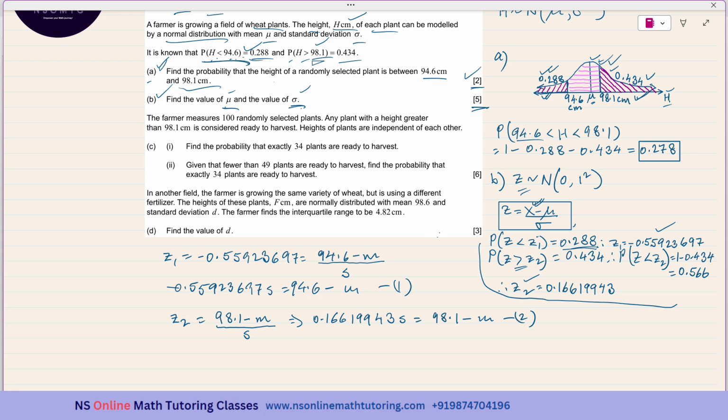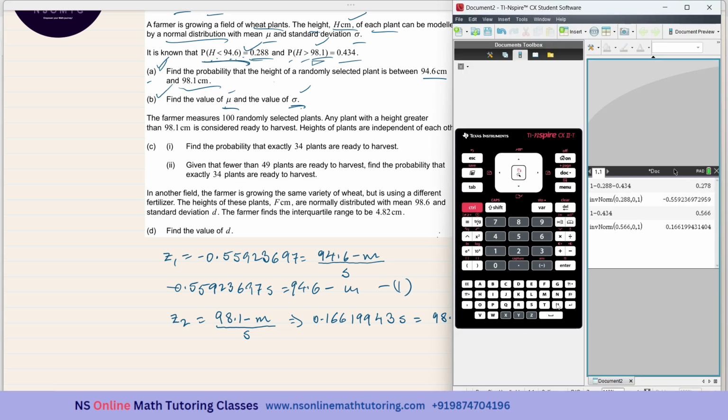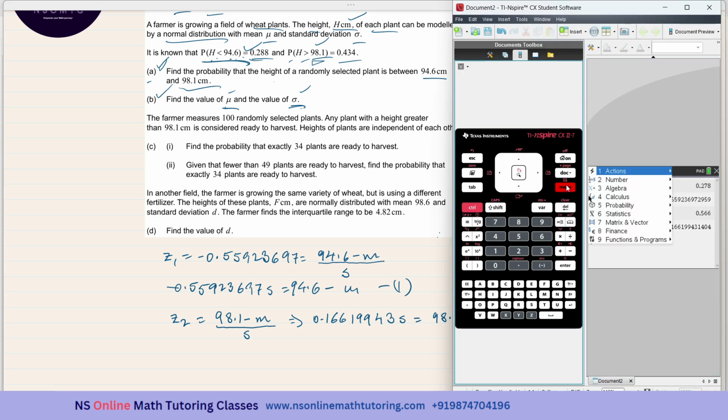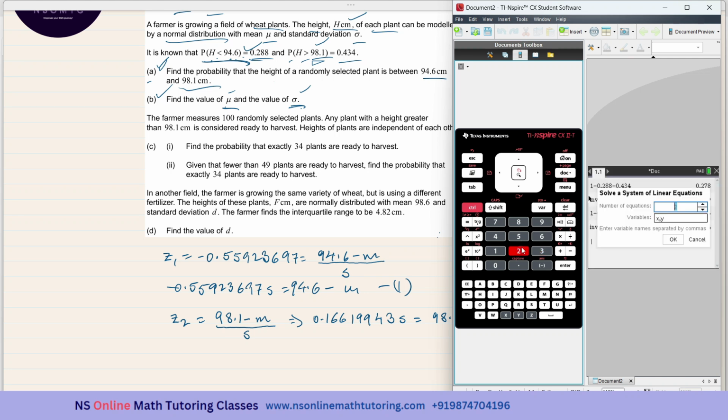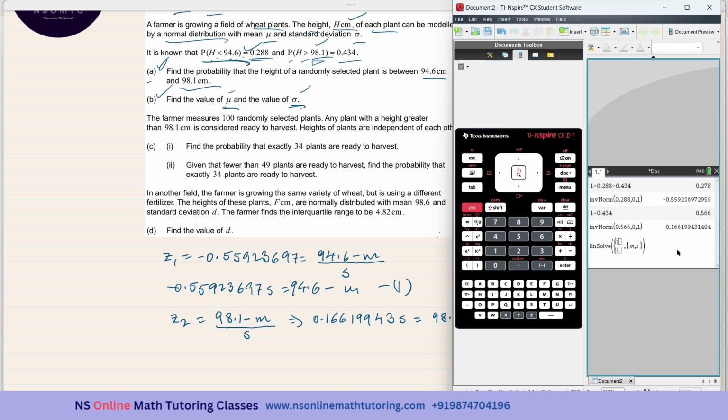These two are two simultaneous linear equations. We are having the calculator, so we can solve. Okay, so I go to menu and then algebra, and then solve system of linear equations, number of equations is 2, of course, and for the variables I have taken them as M and S. And now I enter the first equation.